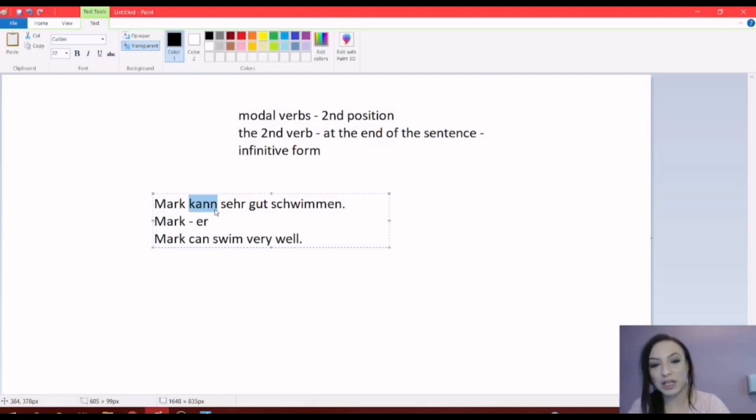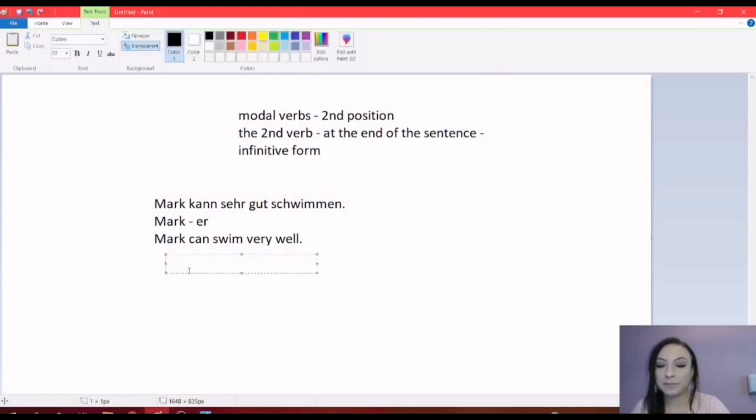So you change the modal verb so that it agrees with the subject, in this case Mark. And then at the end of the sentence, the sentence can be as long as you imagine, you put the infinitive verb. We don't say schwimmt. So: Mark kann sehr gut schwimmen.